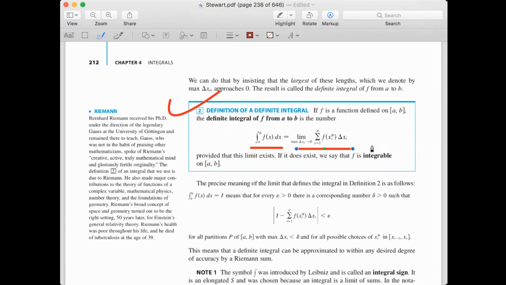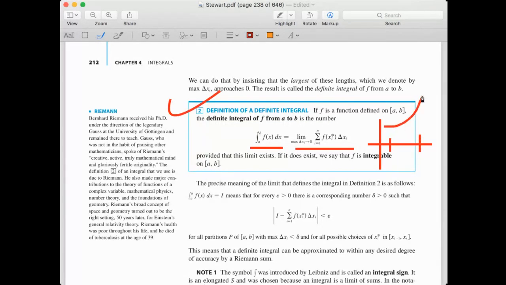This is to say, from a to b, let's say we have our coordinates. Let's say maybe this is the value a. I'm going to only work with the first quadrant for now, though of course a can be negative. Let's say this is a, this is b.